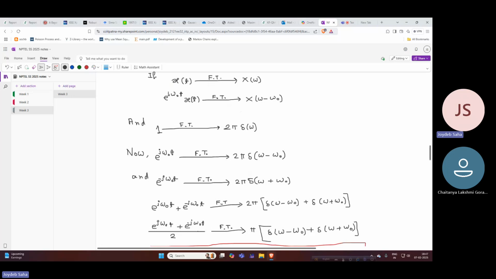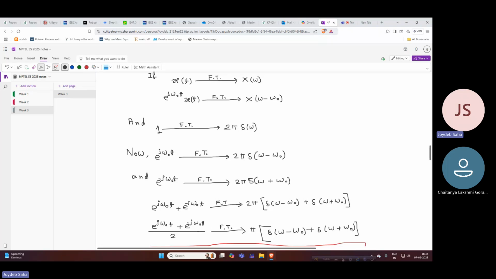If we shift the frequency from omega to omega minus omega 0, then in the time domain we get e to the power j omega 0 t. That means the Fourier transform of e to the power j omega 0 t is 2 pi delta omega minus omega 0, and the Fourier transform of e to the power minus j omega 0 t is 2 pi delta omega plus omega 0.